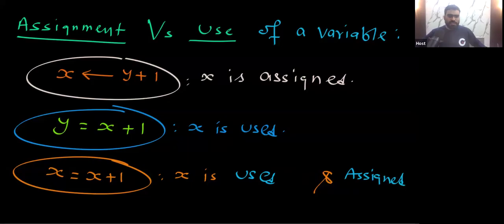Is this point clear? What is assignment versus use of a variable? Now tell me, in the C language, what is the assignment operator? Which operator do we use for assignment?